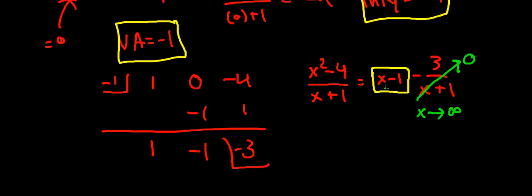But as we move farther and farther away down the x-axis, this becomes almost completely insignificant. At x equal to 1,000,000, this would be practically nothing. So we found our oblique asymptote, which is equal to this.